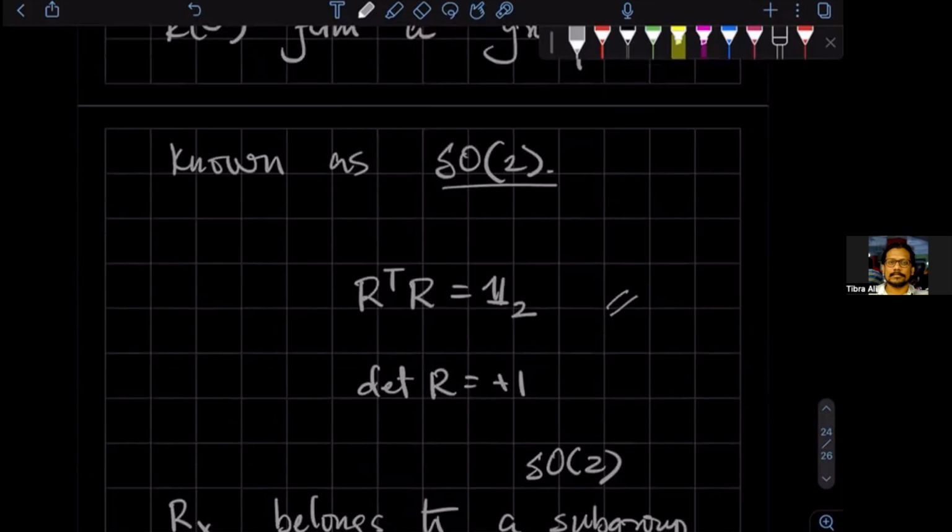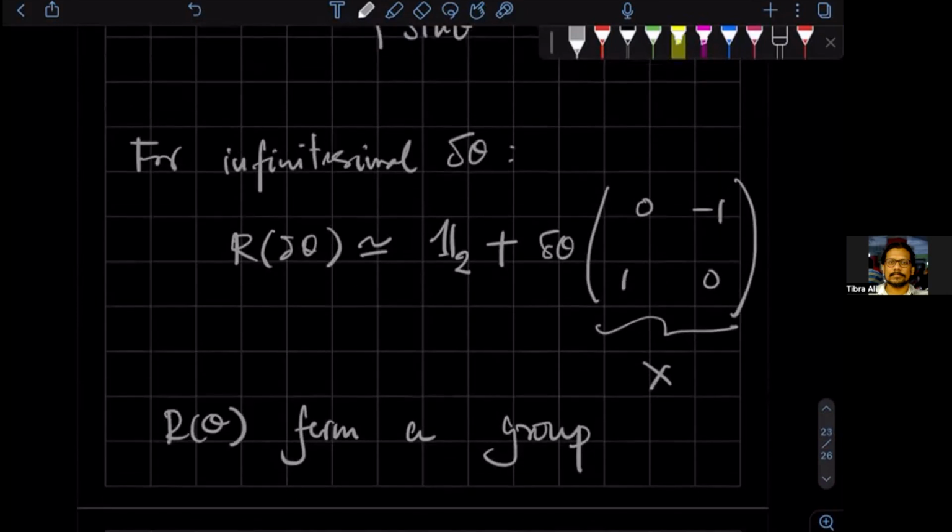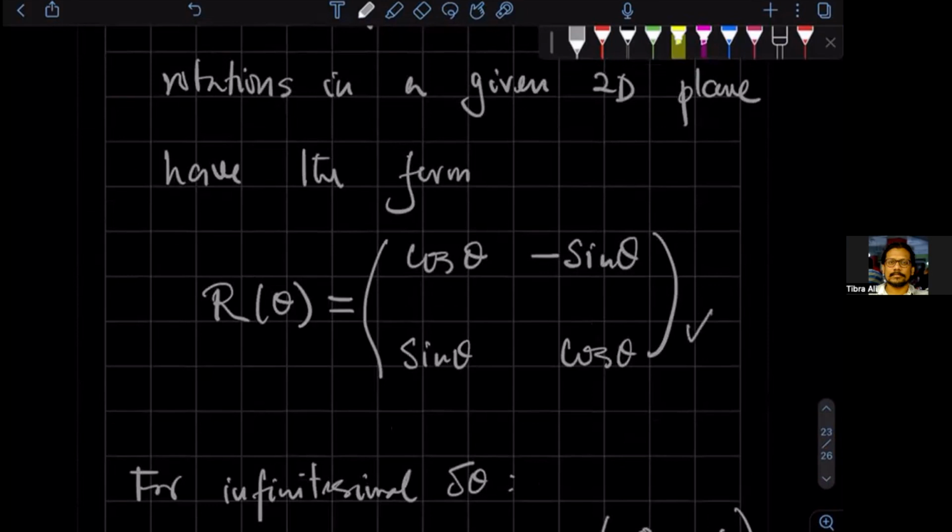Okay, so for example, these are the definition of SO2 matrices, right? And I'll set this as an exercise for you to verify that these are the SO2 matrices.